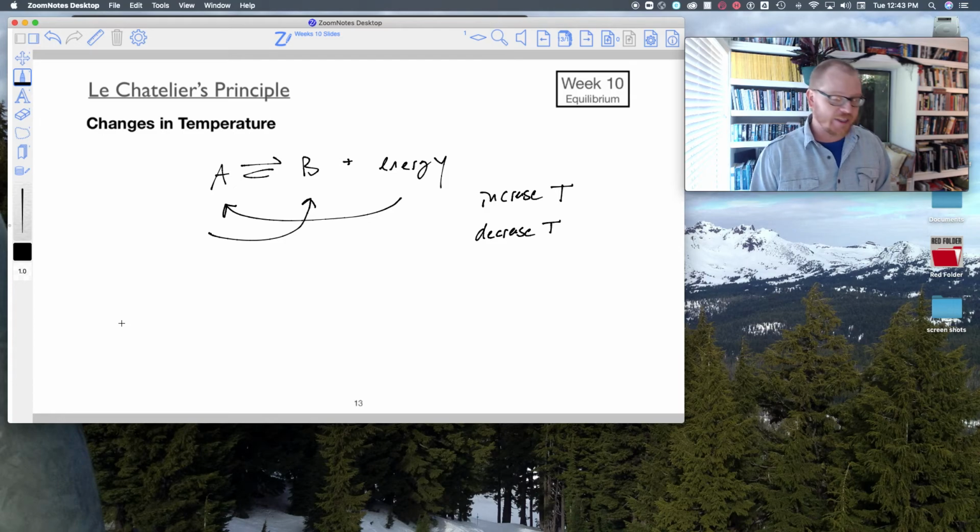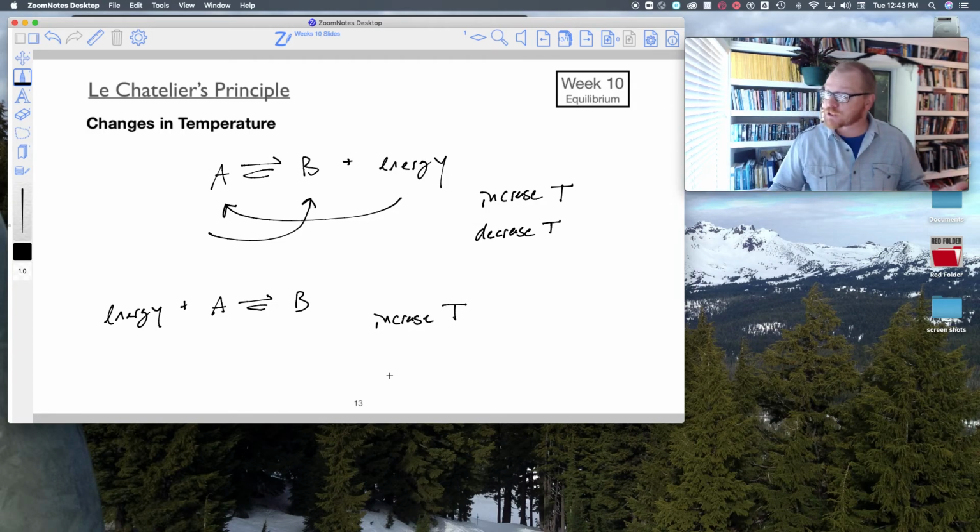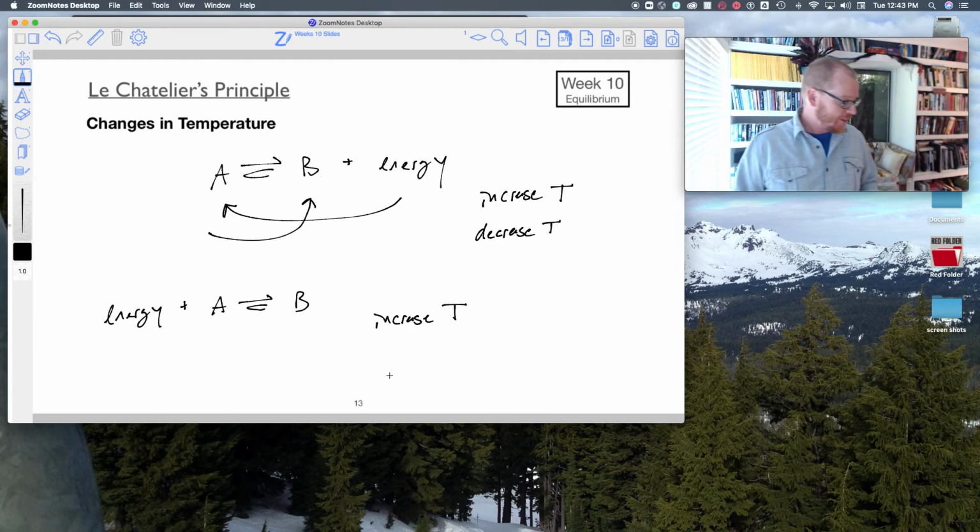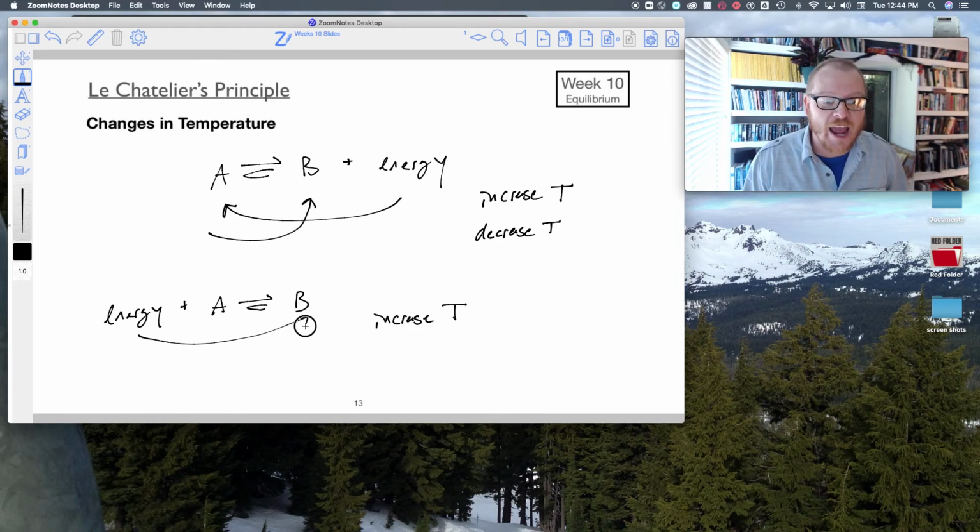And similarly, in an endothermic reaction, we know energy is a required reactant. So this is where if I increase the temperature, I can actually drive this reaction to products, okay? Even though it might be endothermic, I can still make it proceed spontaneously if I drive up the temperature high enough, and that makes good sense.